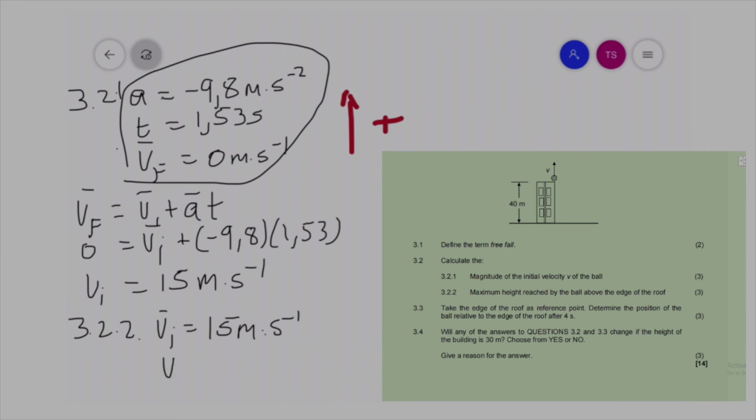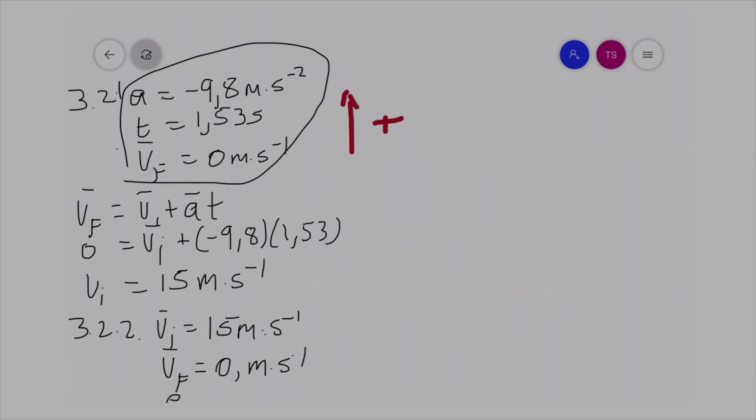We also know our final velocity at 0 meters per second. We also know our a, which is 9.8 meters per second squared.